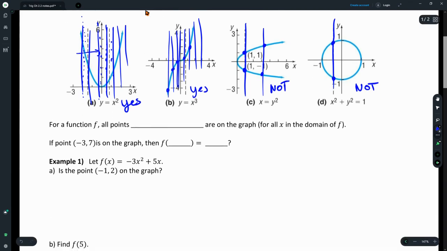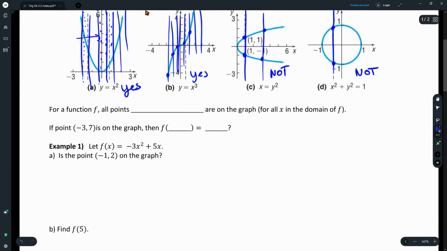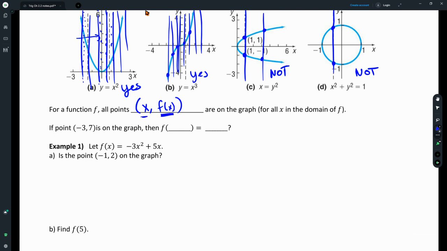For every function f, the point x, f of x is on the graph. So these are the points on the graph. Remember, the first one in your point is the x value and the second one is the y value, represented by f of x.